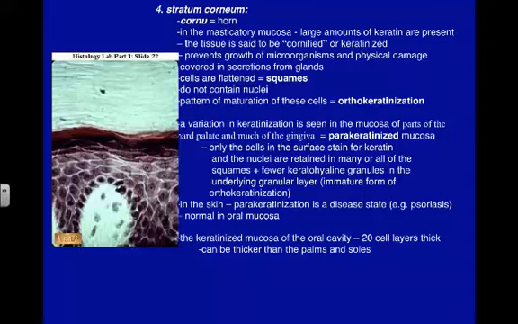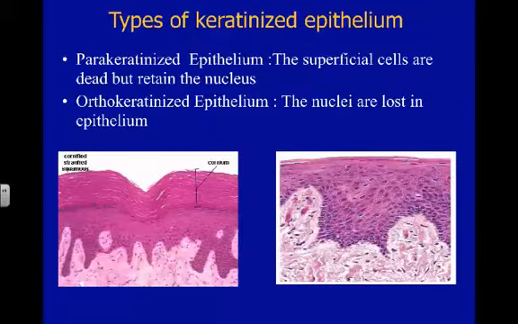If you see parakeratinized epithelium on the skin, it is pathological. An example of parakeratinized epithelium in the skin, I think I mention it in a few slides from now, would be psoriasis. So it's normal in the oral cavity. So the whole thing is really based on location.